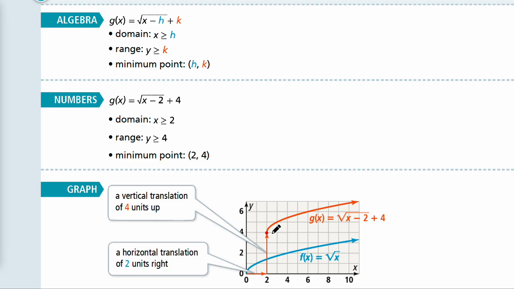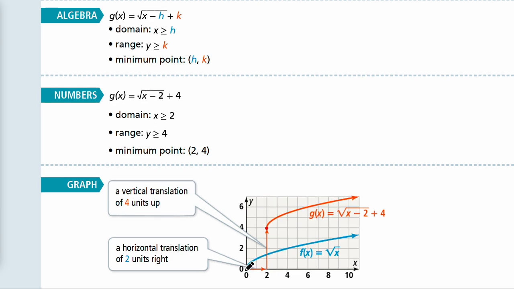All right, with specific numbers, for example, if you have root of x minus 2, and then plus 4, then your domain will change from greater than or equal to 0 to greater than or equal to 2. Then your range would change from greater than or equal to 0 to greater than or equal to 4. Now your minimum point would be (2, 4).